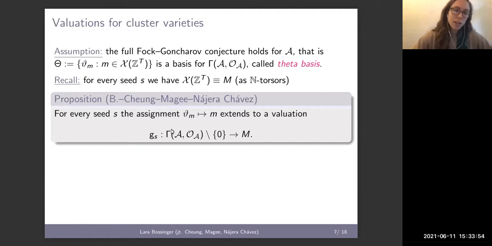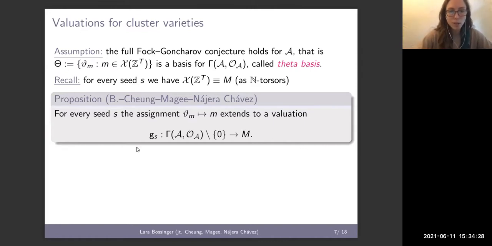Given a seed, since all these identifications always depend on a seed, a fixed chart for the cluster variety, we can simply assign to a basis element theta_m the tropical point, which is now actually a lattice point in M. Together with my collaborators, Mandy Cheung, Timothy Magee, and Alfredo Nájera Chávez, we showed that this extends to a valuation.